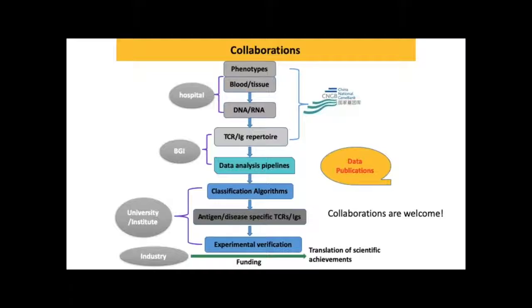But also some of the universities may provide funding for the sustainability of this project. And industry, if they want to translate the discoveries from our cohort, from our data, they also have to provide funding. So in this model, I think it will provide a sustainable pipeline for the whole cohort to be accomplished. We also welcome other corporations to enter this network.